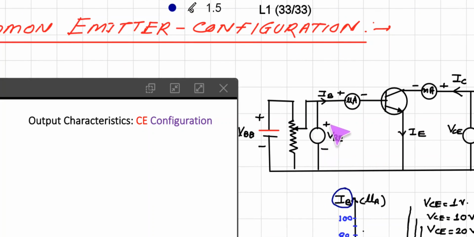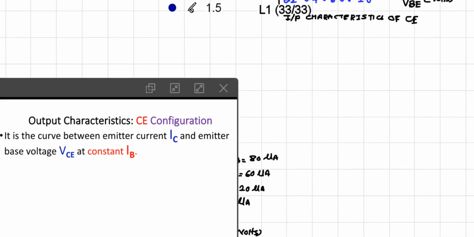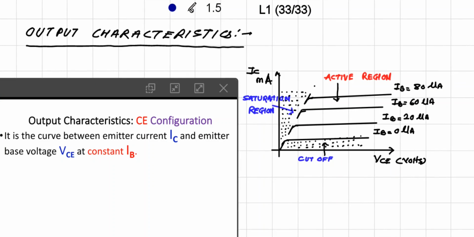By keeping VBE constant we can maintain IB constant. So this is the output characteristics. It is the curve between IC and collector-emitter voltage VCE.